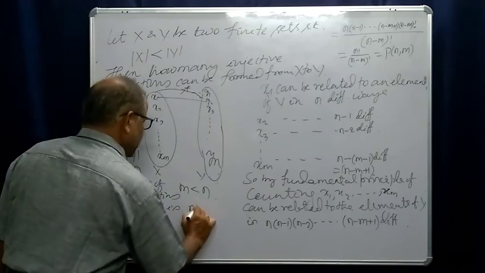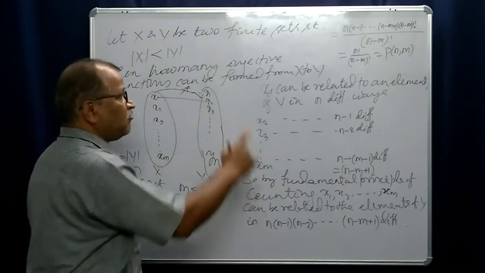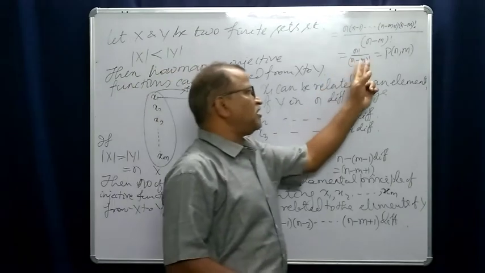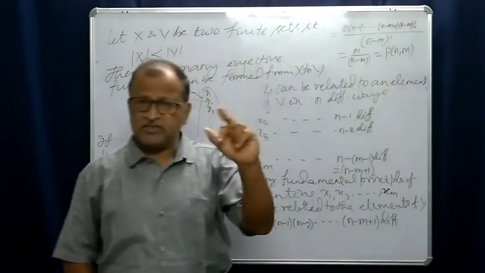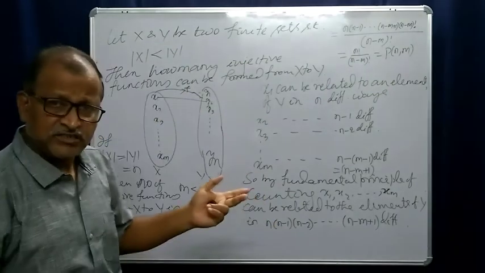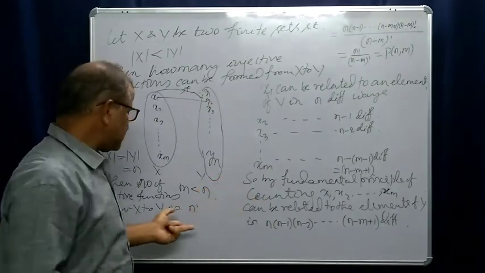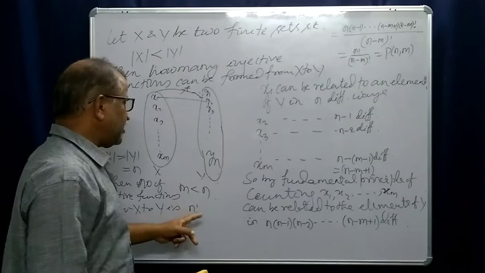It will be n factorial. How? n factorial by n minus n factorial, that is 0 factorial. n minus n is 0. 0 factorial is 1. So it will be n factorial.